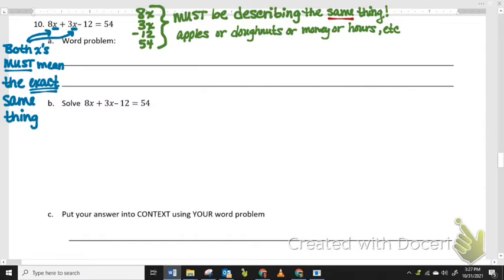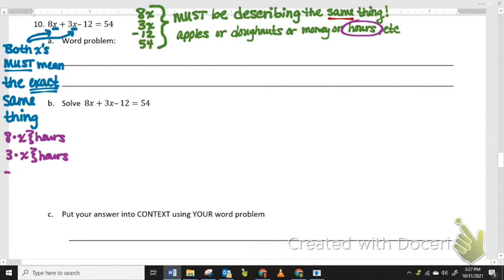Okay, I think I'm going to have my terms mean number of hours this time, just to kind of mix it up a little bit. It's different than the last problem where we were talking about money, money, money. So I'm going to have this one mean hours. So it's 8 times x hours. Three times x will be a number of hours.